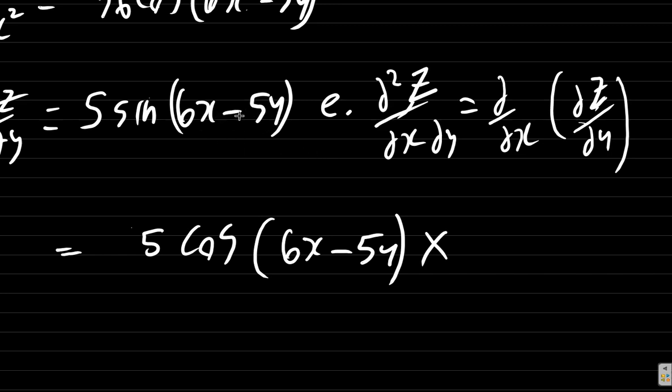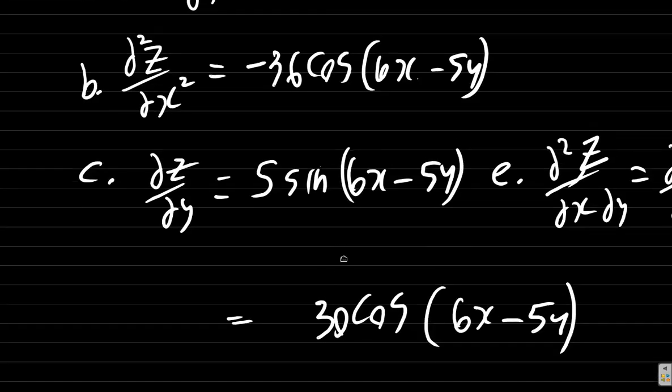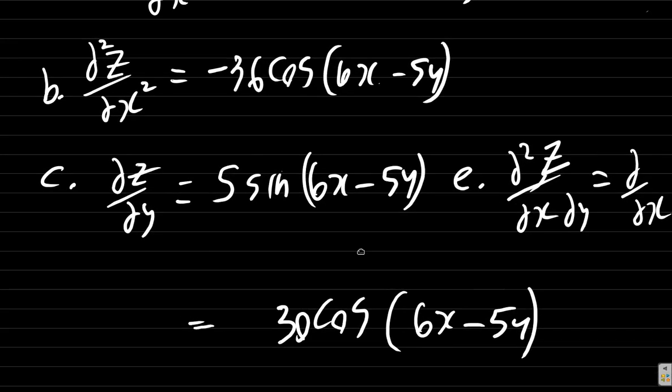And when you differentiate that with respect to x, you get 6. So what you have then is 6 times 5, 30. So this will be 30 cos 6x minus 5y. Alright. So that is E.